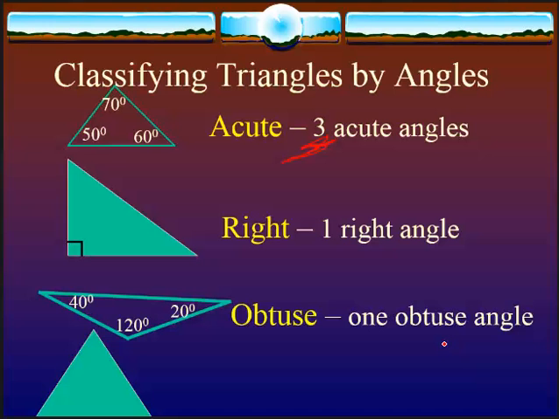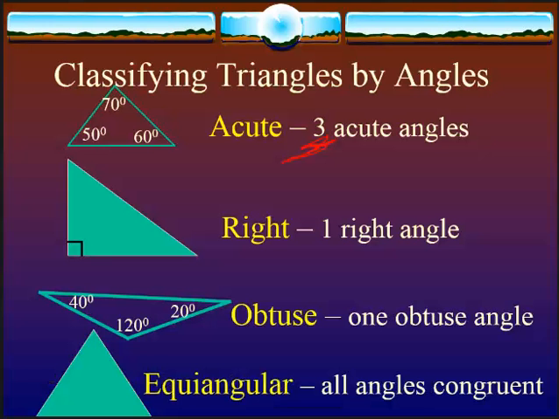Let's just pick an angle size of 100 that is obtuse because that's more than 90. Could I have 2 angles that were 100 in the same triangle? What is 100 plus 100? 200, which is more than 180. So no, we cannot have more than one obtuse angle in a triangle.